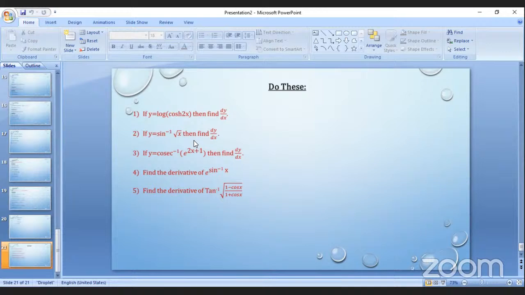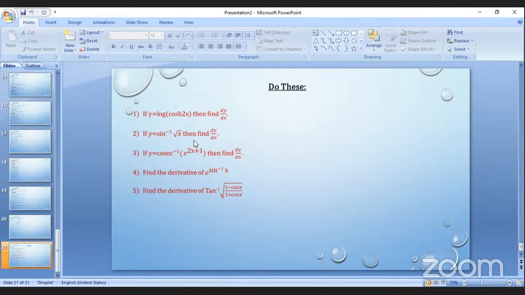Question number 2: if y equals sine inverse root x, then find dy by dx. Question number 3, important for 2 marks: if y equals cosecant inverse of e power 2x plus 1, then find the value of dy by dx.